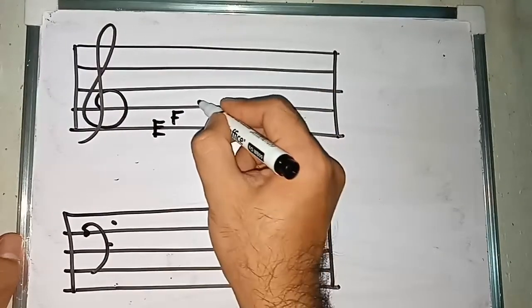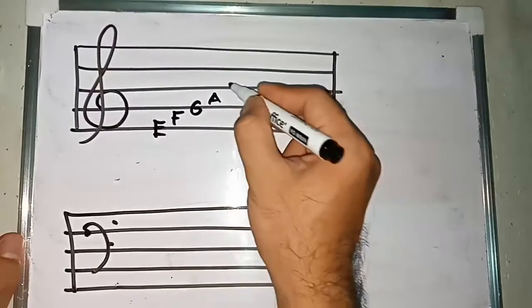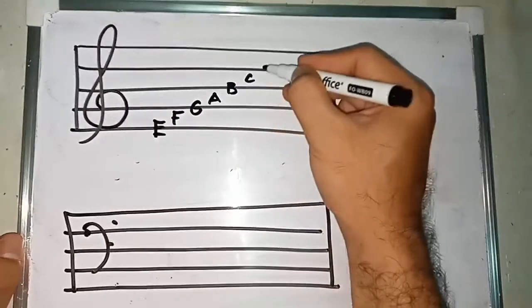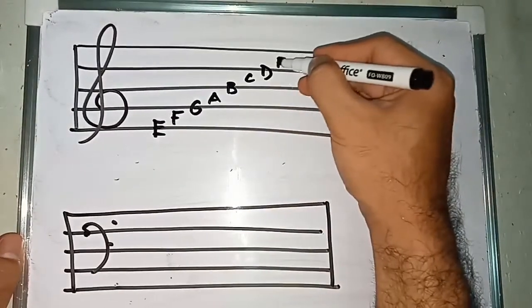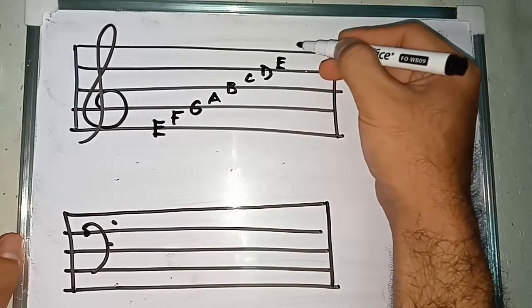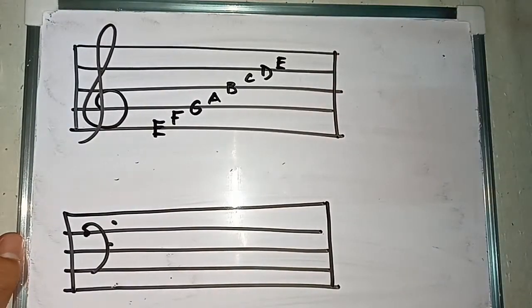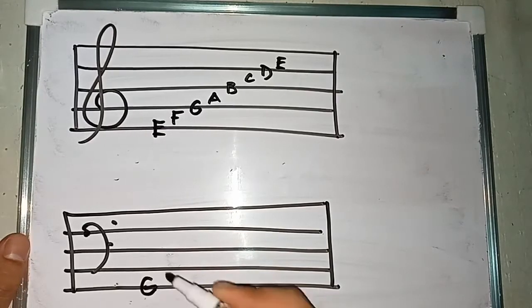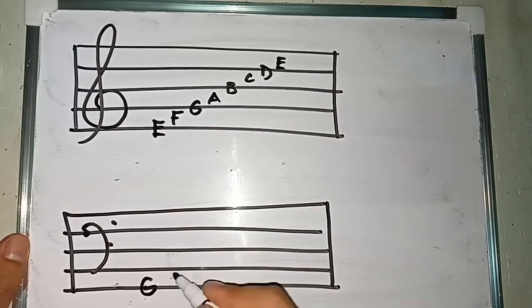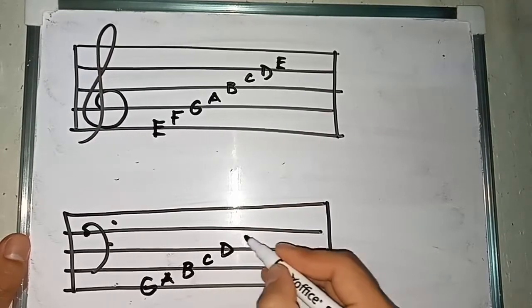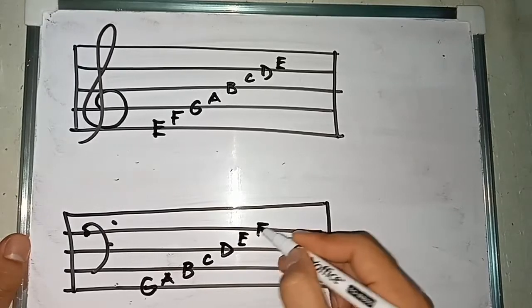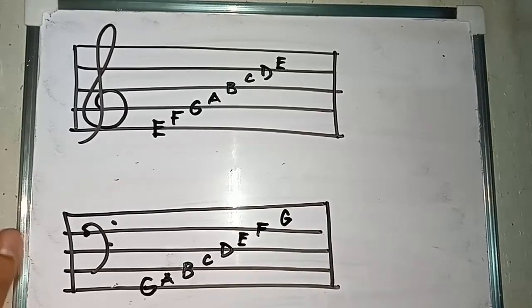So E, F, G, A, B, C, D, E, and so on. For the F clef, we have a different starting note. For the first line, we have G, A, B, C, D, E, F, and G.